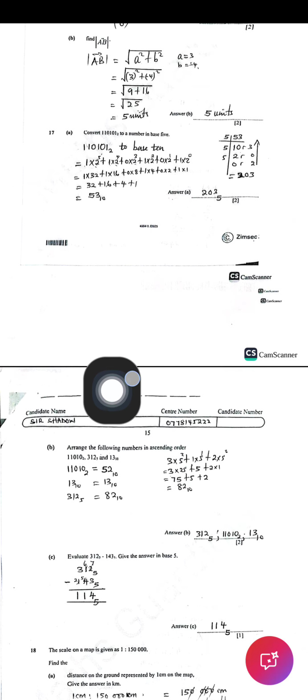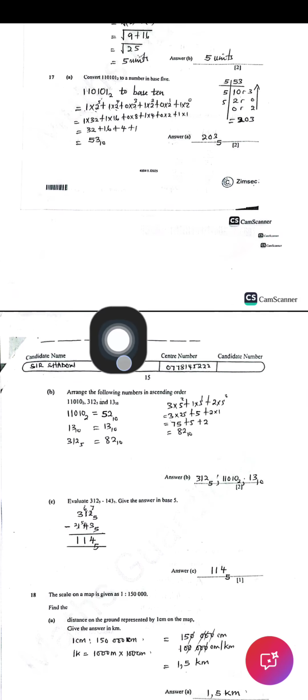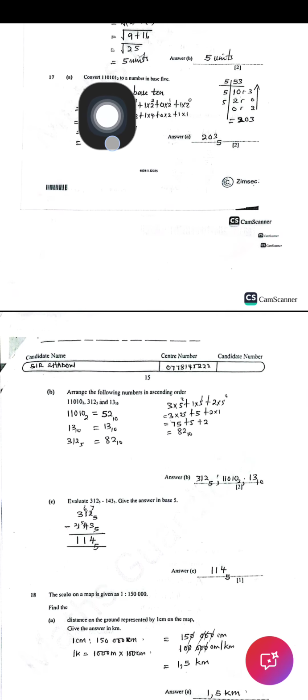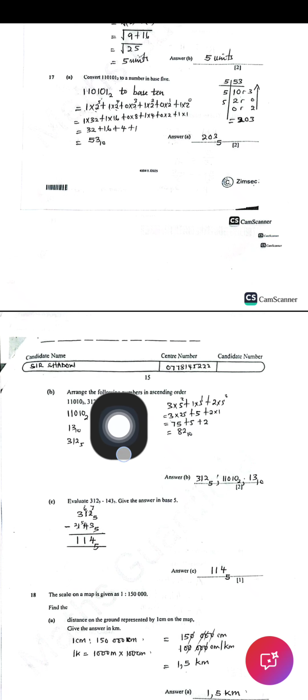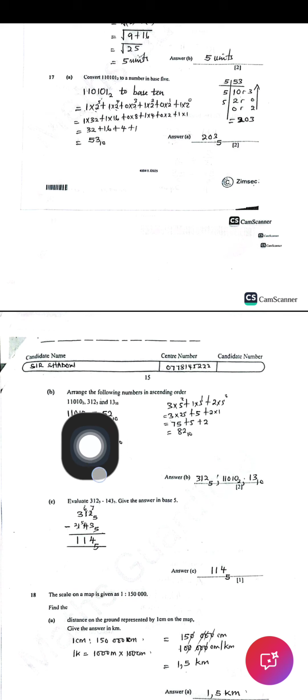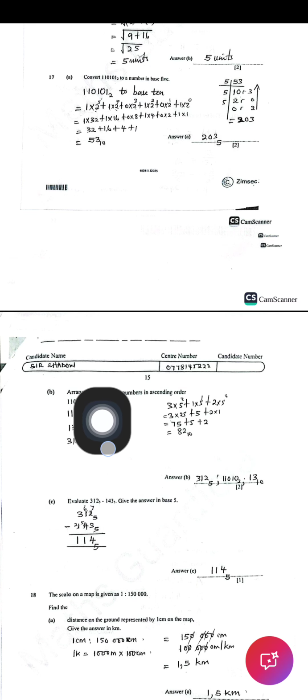Remember, you can check the first question, 17A, where we were given 110101 base 2 and converted it to base 10. These numbers are similar, but the difference is that the last digit 1 was removed.